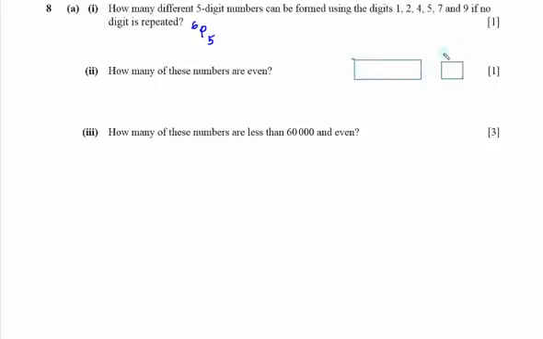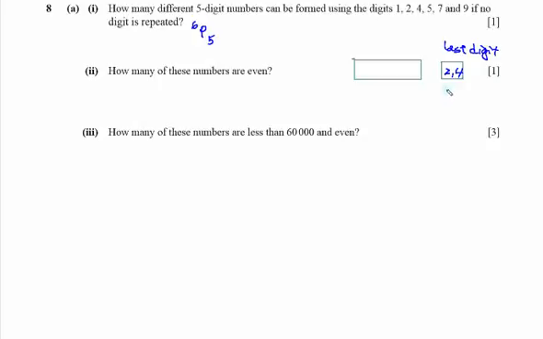Now, let's say this is the last digit here. In the last digit, which number can you put to make the number even? It is 2 and 4. So a number that ends in 2 or ends in 4 will be able to meet this requirement.